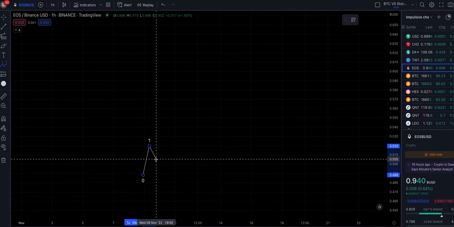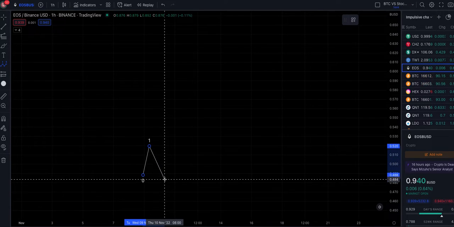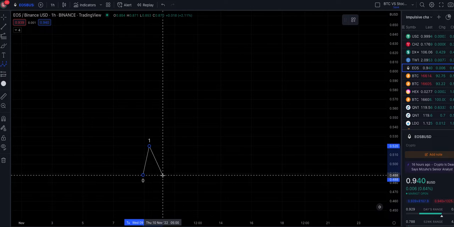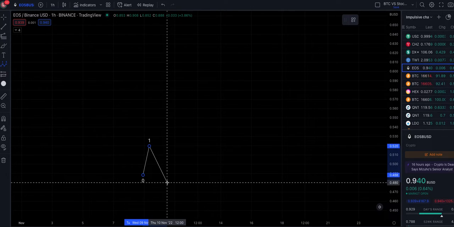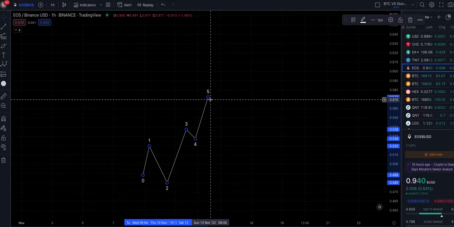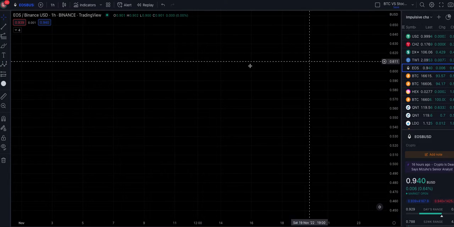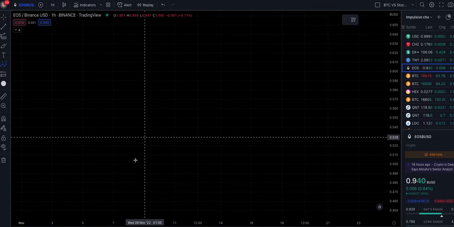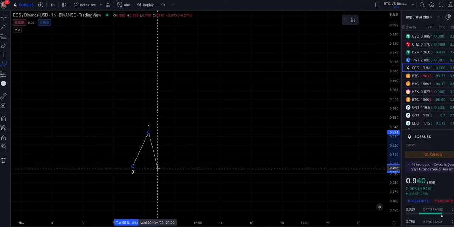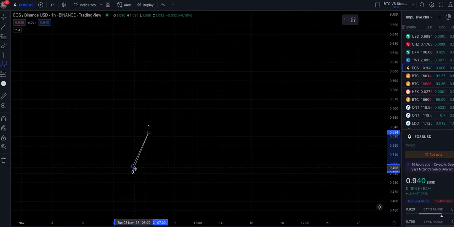Now, there are certain circumstances where a wave 2 can go below a wave 1, but in most cases it's very rare, and to be honest with you, if a wave 2 went all the way down to here, then the chances are it's not a wave 2 anymore. So look at that as your first rule in Elliott wave: a wave 2 shouldn't go below the bottom of the wave 1 here.